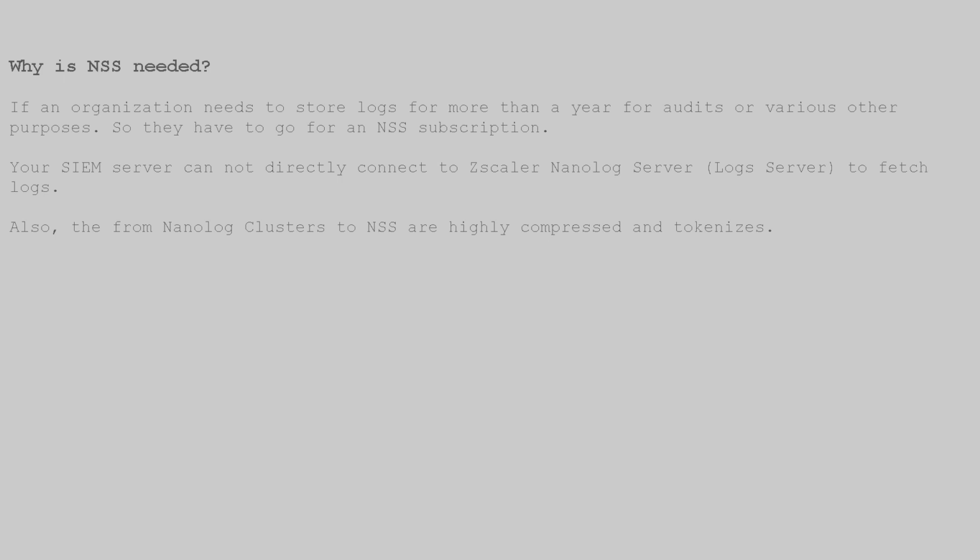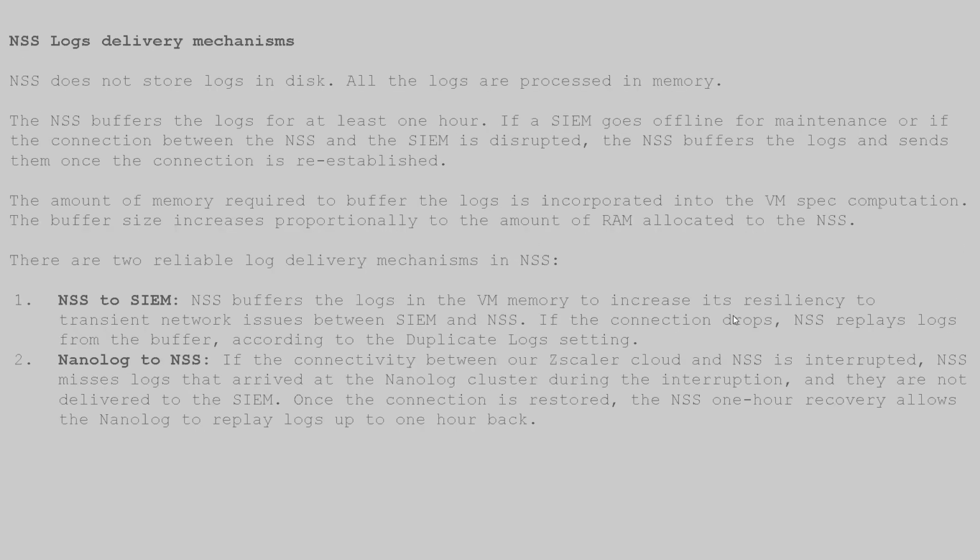Okay. Now, what is the log delivery mechanism? When you deploy NSS in your environment, it doesn't store logs on a disk. What it does is store or process the logs from the memory itself. And it buffers these logs for at least an hour.